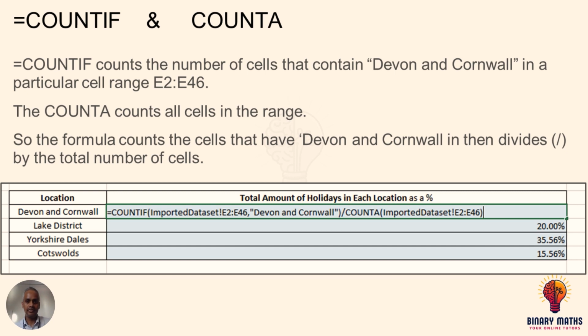So if Devon and Cornwall appear in any of the cells between E2 and E46, it will count those. The Counta counts all cells in that range. So the formula counts the cells that have Devon and Cornwall in them, and then divides by the total number of cells. There's spelling mistakes there.